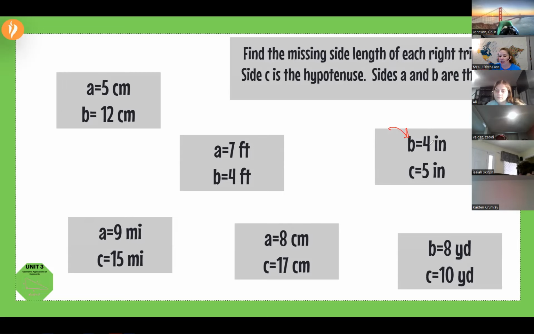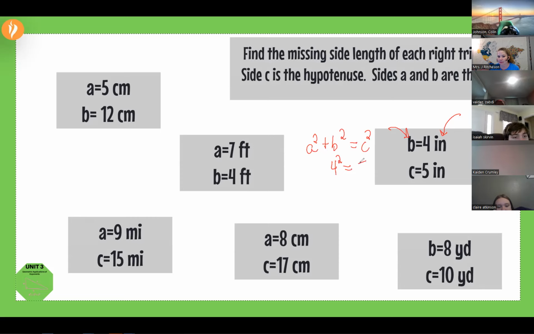All right, let's do this one. Now, let me show you, if you didn't watch my video yesterday, shame on you, but I have to show you how to do this one. All right, so this time they give us letter B and they give us letter C. You agree with me? So we are missing letter A. So what can we do?